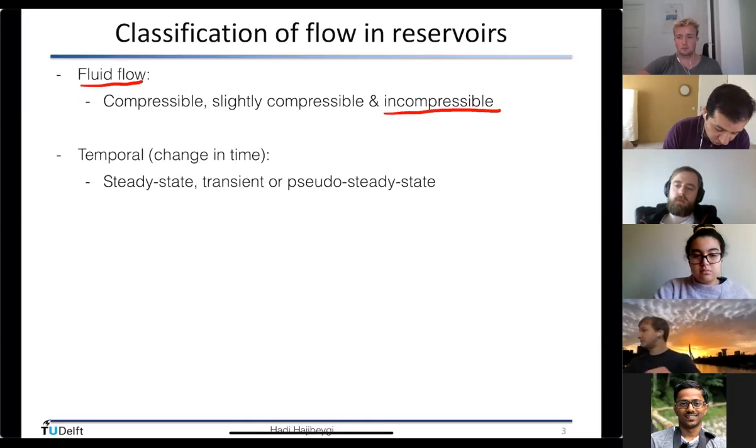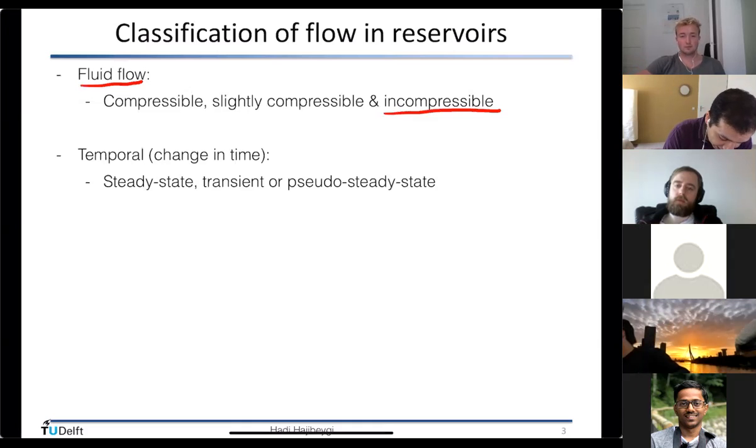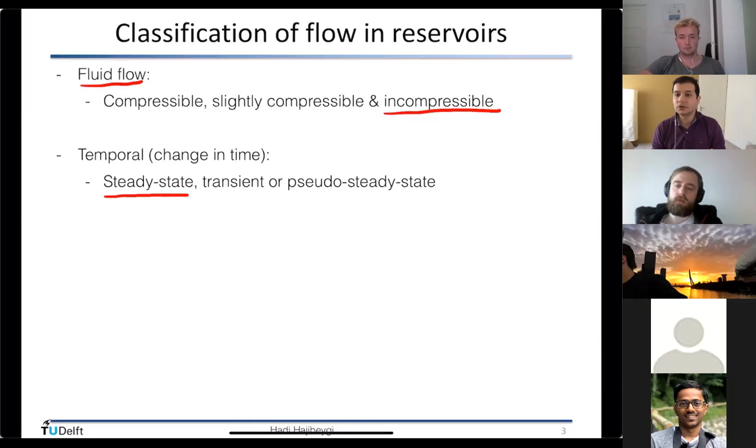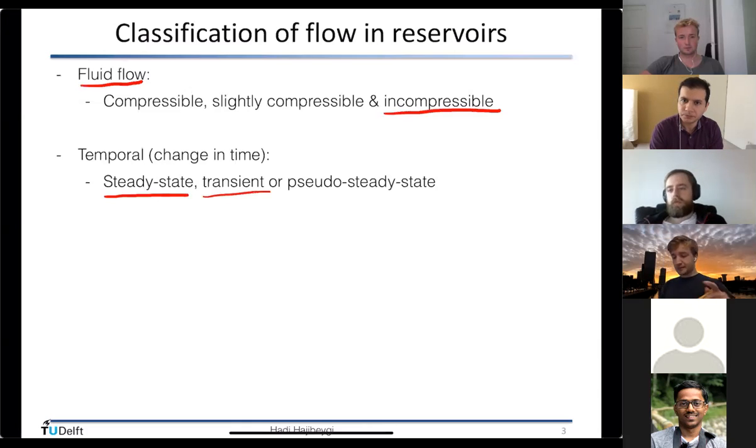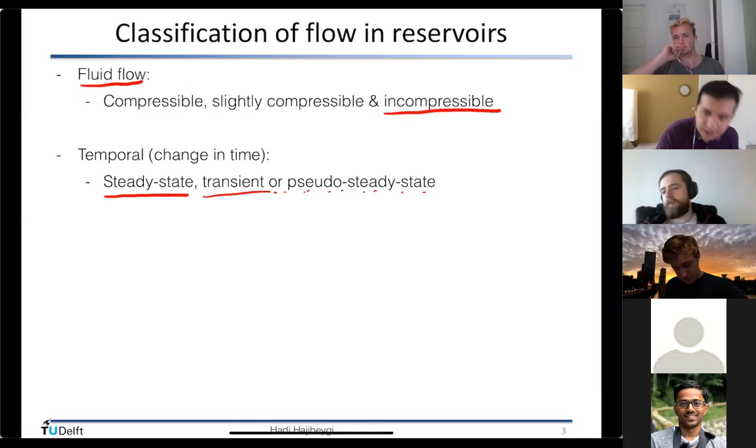In terms of time dependency, we can have steady state systems, which means change over time is zero. They don't change over time. All the way to transients. In between, we have another system, which is pseudo-steady state or pseudo-transient. Again, these are subjects which are very relevant for well testing and such.